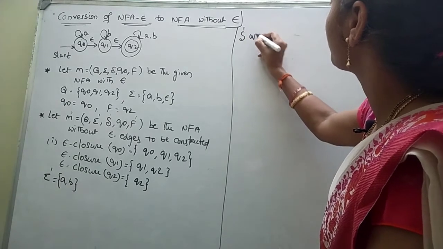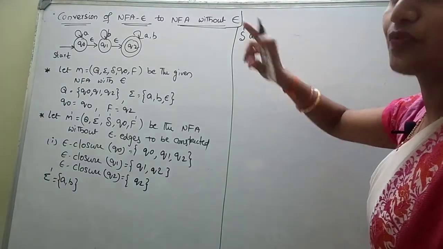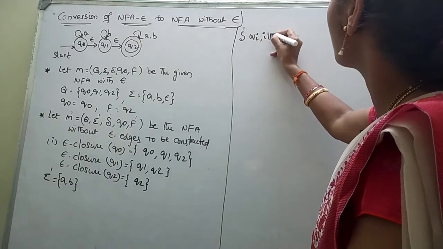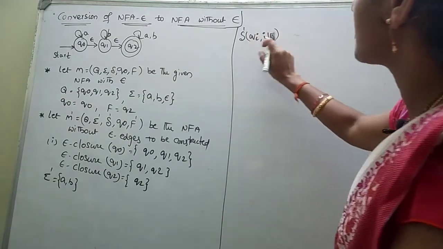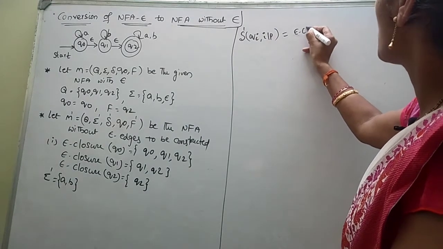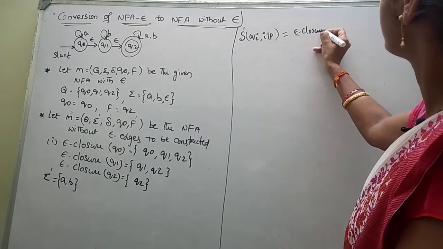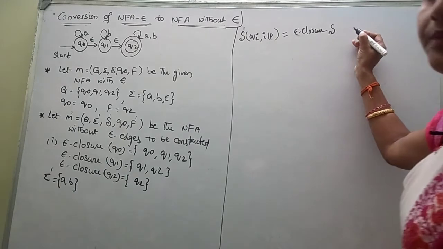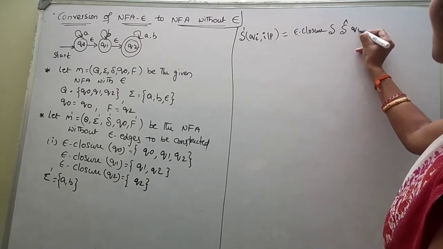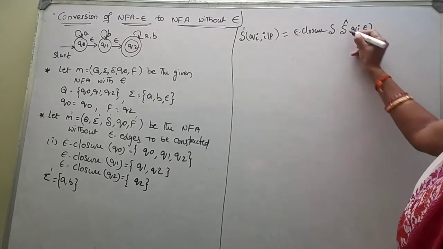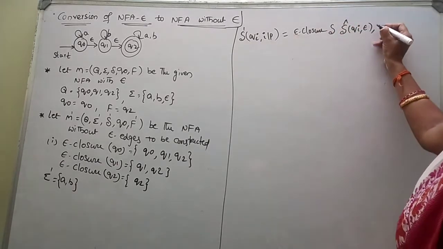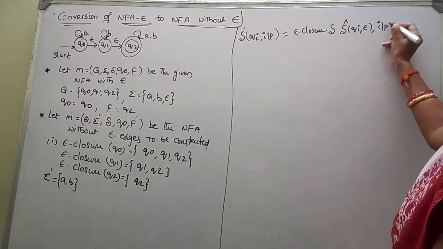Here we are going to use one formula: delta dash of Qi comma input symbol is the epsilon closure of delta cap of Qi comma epsilon, and then the input symbol.